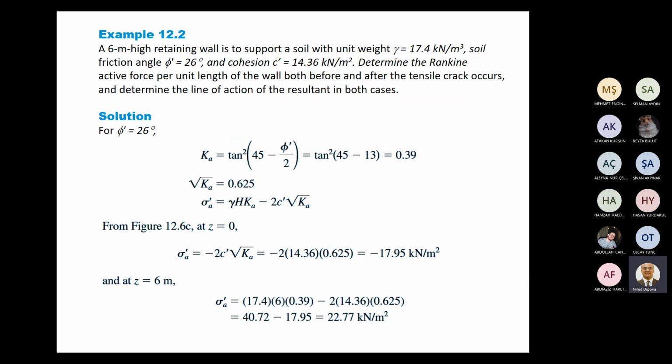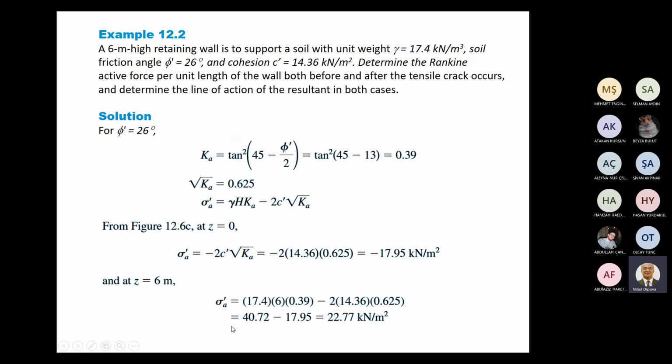We will determine the Rankine active force per unit length of the wall, both before and after the tensile crack occurs, and determine the line of action of the resultant in both cases.